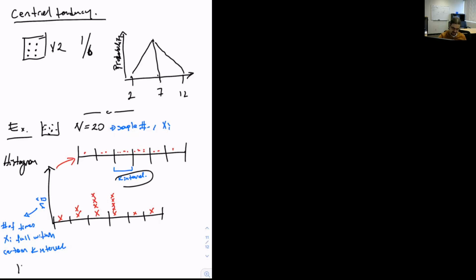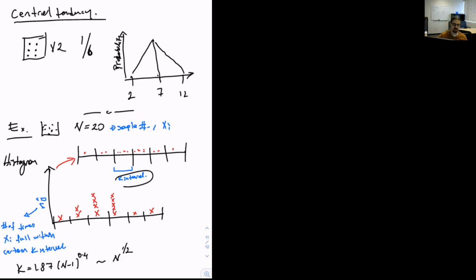It says that k is defined by 1.87 times (n minus 1) to the 0.4. This is for small sample sizes, but for large sample sizes, you can estimate it as n to the power of 1/2. So it's the square root of n.